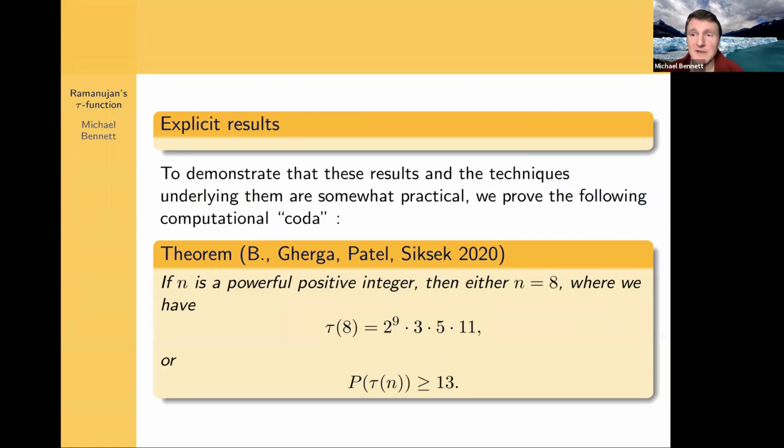If we allow 11, it becomes hard and requires a lot of work. If we allowed 13, which we haven't done here, probably we can do it. It just depends on how enthusiastic we feel. If we allow 13 and 17, then almost certainly we can't do it without some new ideas. It would involve some enormous computations of spaces of modular forms that will be far beyond current technology.